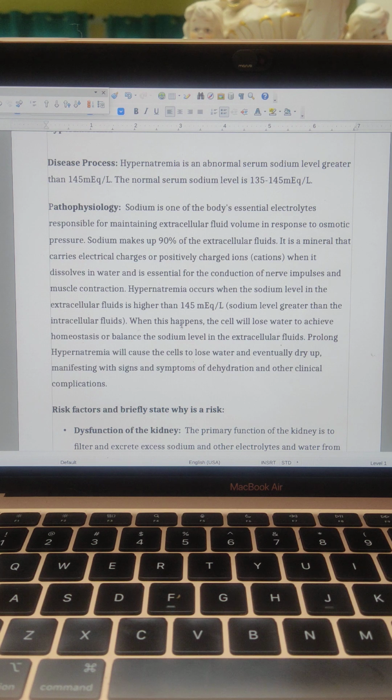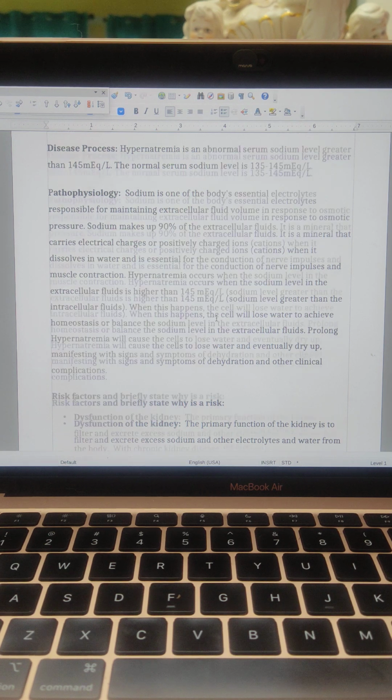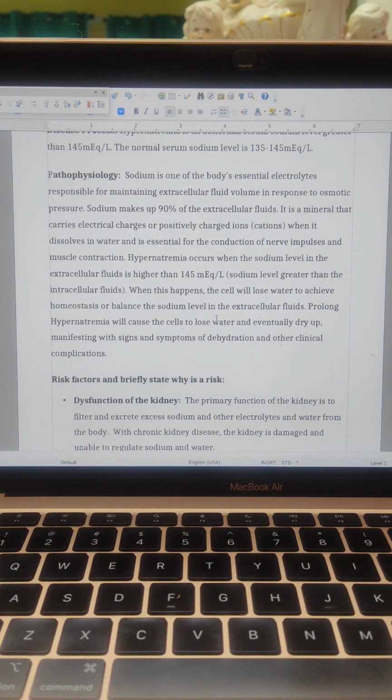Hypernatremia will occur when the sodium level in the extracellular fluid is higher than 145 milliequivalent per liter, which means that the level is higher than the sodium level inside of the cell or the intracellular fluids. When this happens, the cell will lose water to achieve homeostasis or to balance the sodium level in the extracellular fluids.